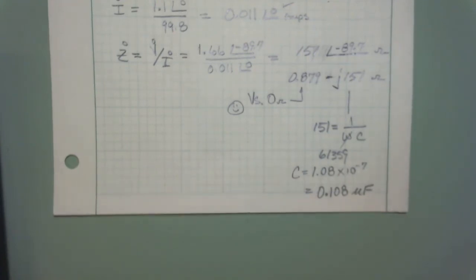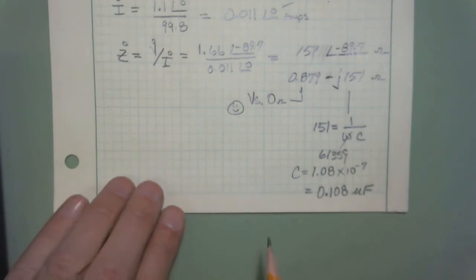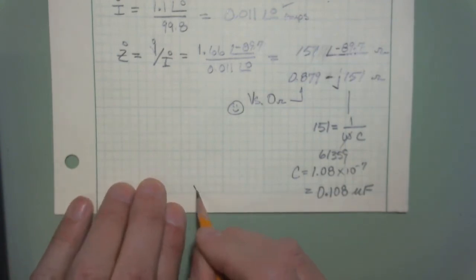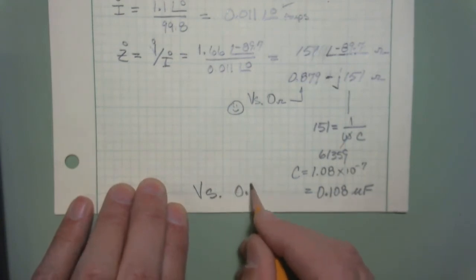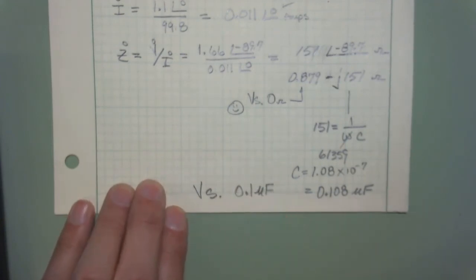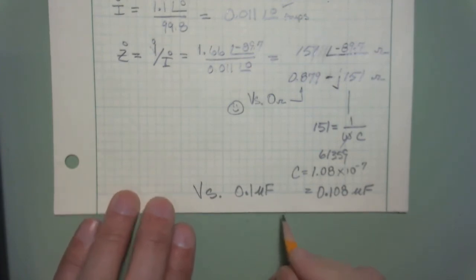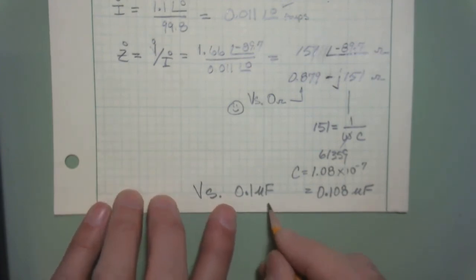Well, what did we say that our capacitor was? This versus 0.1 microfarads, right? That's about 8% error, isn't it?